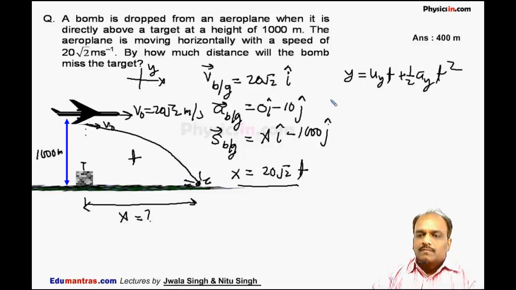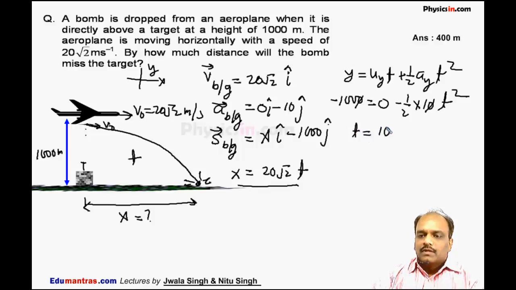Now y is minus 1000 and uy is 0. The bomb is moving horizontally, so the initial vertical velocity is 0. Acceleration is 10, so 1 by 2 into 10 t square. So this 10 will cancel. We get t equal to 10 root 2 second.